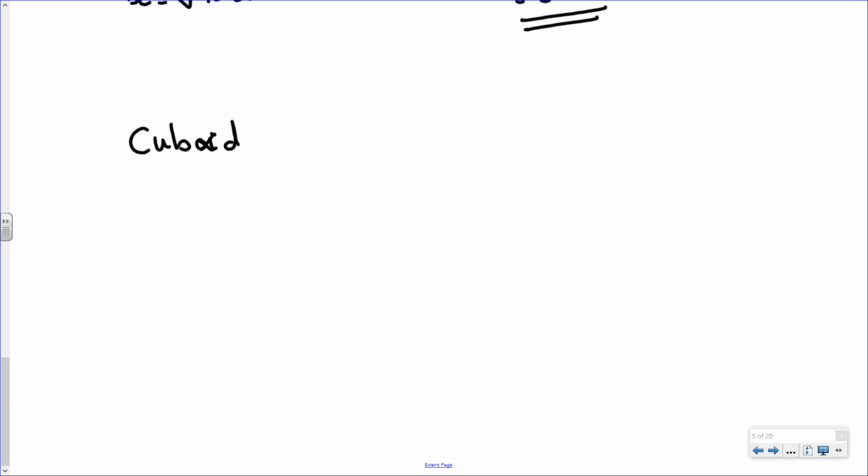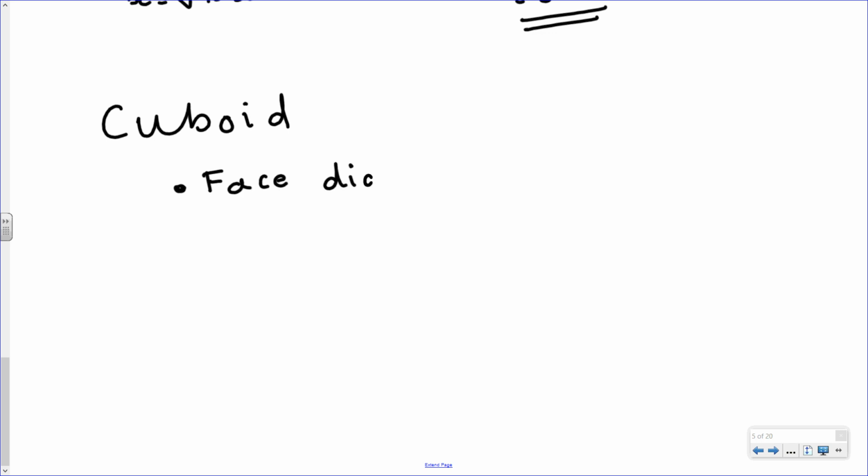So we want to think about the face diagonal first of all, and then second of all, the space diagonal, which means that we're going to do Pythagoras twice.